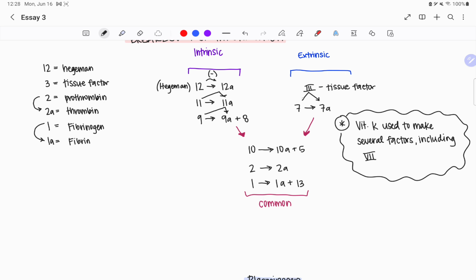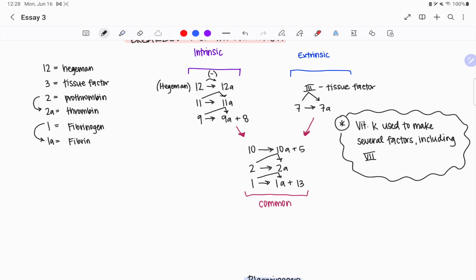The extrinsic is 7 plus 3 tissue factor goes to 7A, and then both of these interact with 10, or 10 interacts with both of these. So then 10 interacts with 9A plus 8, or 7A, and becomes 10A plus 5. And then 2 interacts with 10A plus 5 and becomes 2A. And then factor 1 interacts with 2A and becomes 1A plus 13.